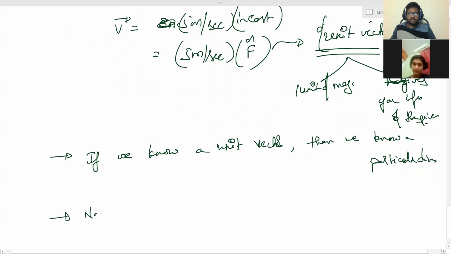Now, can we write any other vector going in this direction in terms of this unit vector or not? Yes, sir, we can write any vector in the direction of the unit vector.